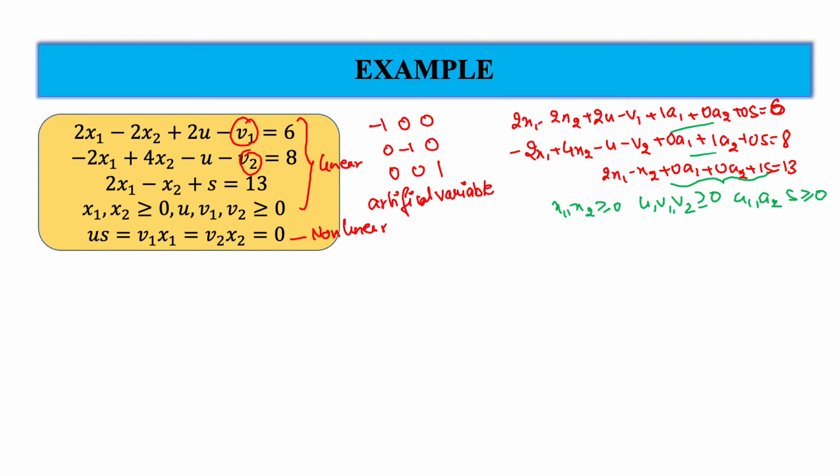So we construct the objective function like this: maximize z equals minus a1 minus a2. Why this? Because a1 and a2 are both non-negative, so it will be maximum only when both are 0, and as soon as both are 0, we get back to our original problem.